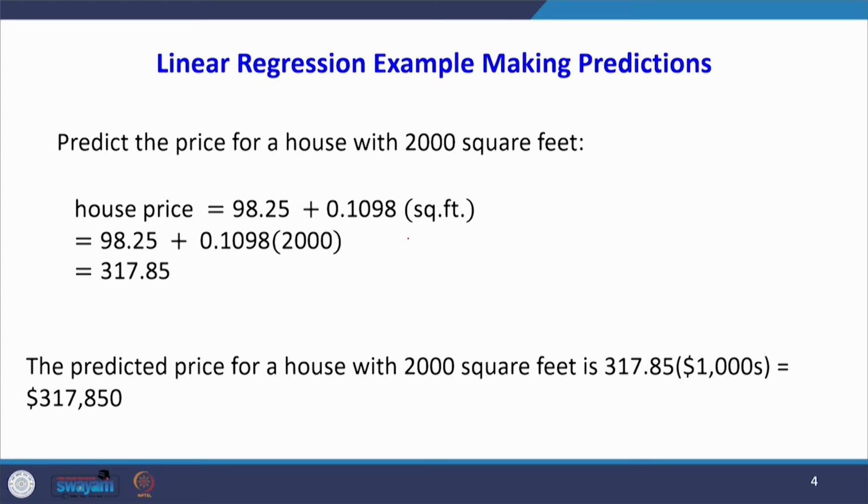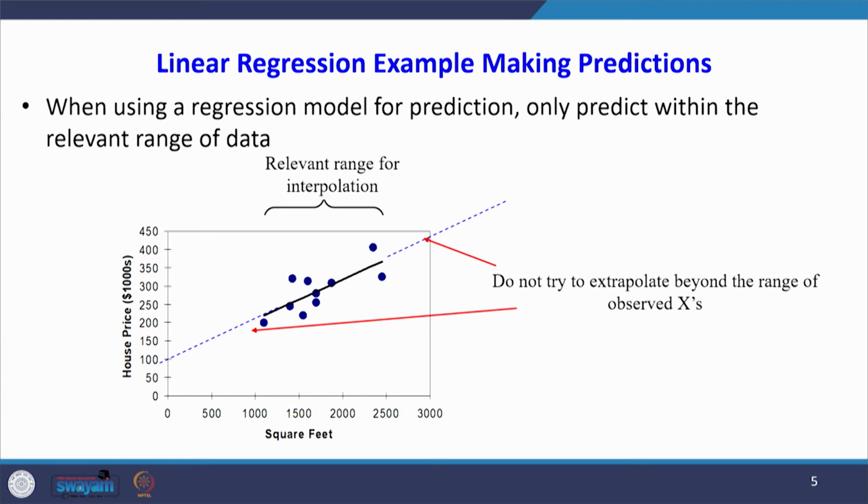If I substitute the square feet value 2000, I get the house price value 317.85. The predicted price for a house with 2000 square feet is 317.85, all the values are in terms of 1000. So, it will be $317,850.